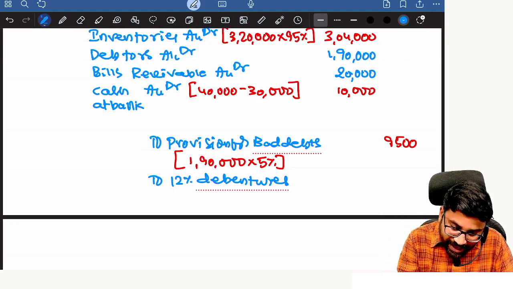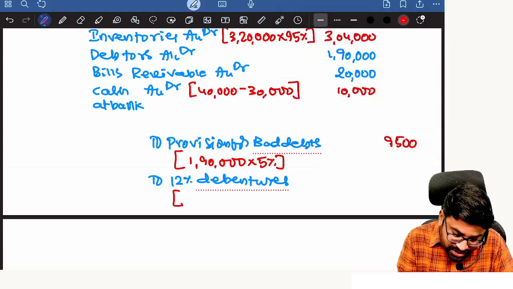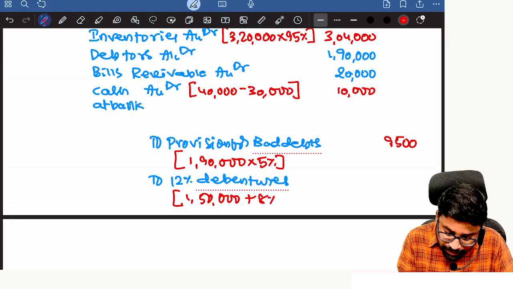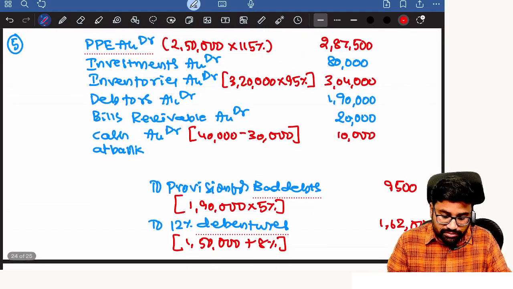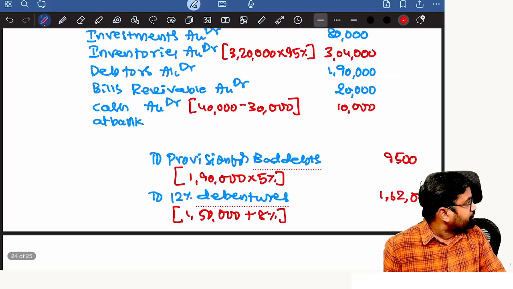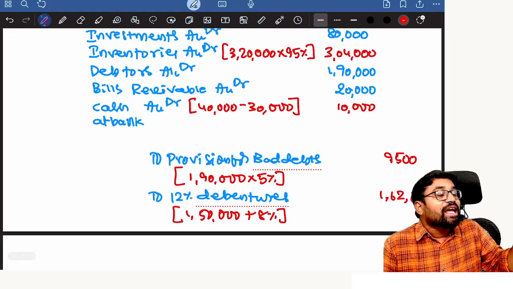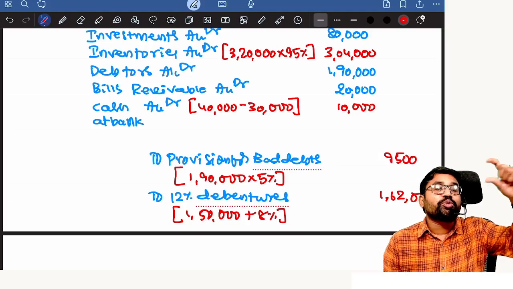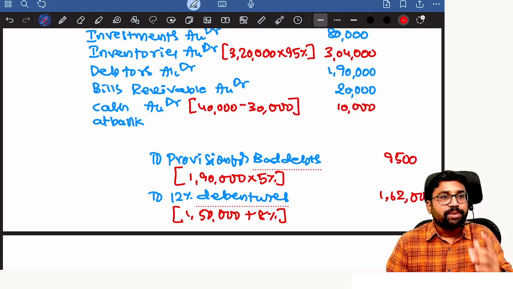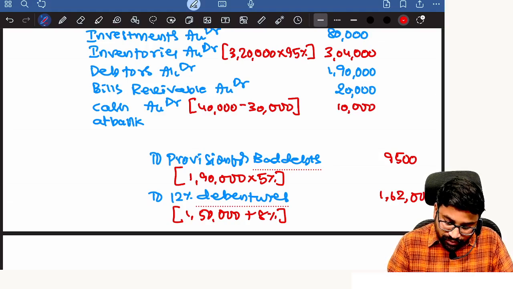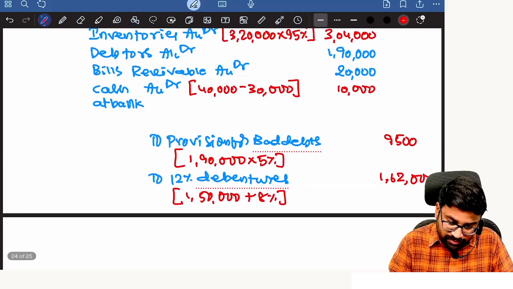So therefore, actually, what is the total debentures? 1,50,000 plus 8% premium. How much, sir? 1,62,000. Correct? Important, agreed value. Debentures of Q Limited are taken over at 8% premium. We are ready to pay 8% premium. So therefore 1,50,000 plus 8%. Okay? 1,62,000.